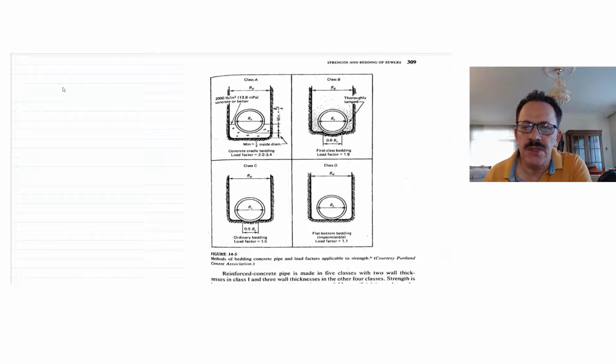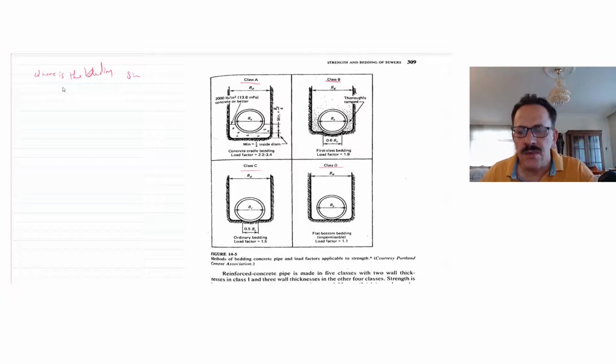The first one is called Class A bedding, Class B bedding, Class C bedding, and Class D bedding. It means that as an engineer, after finalizing the design, you have to decide what the bedding of the sewer should be.